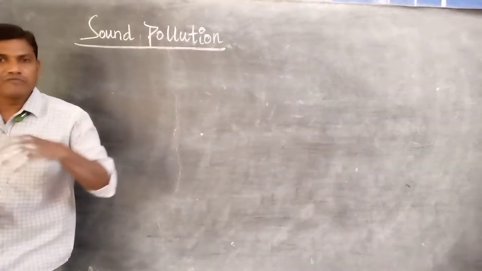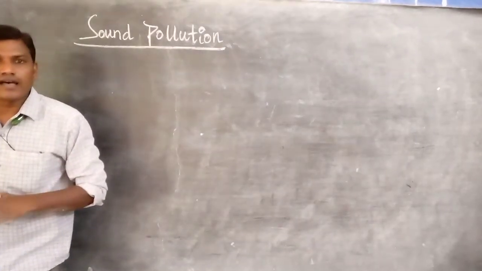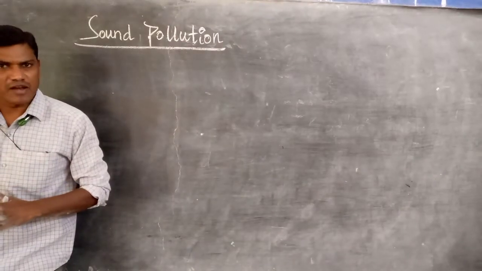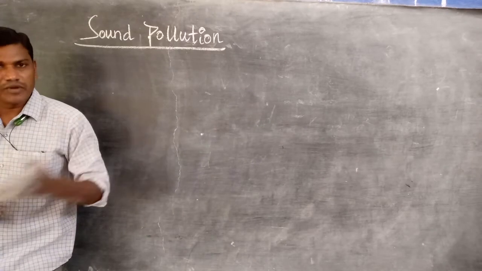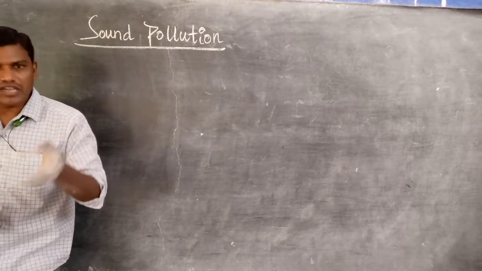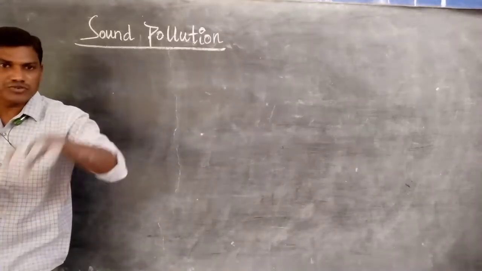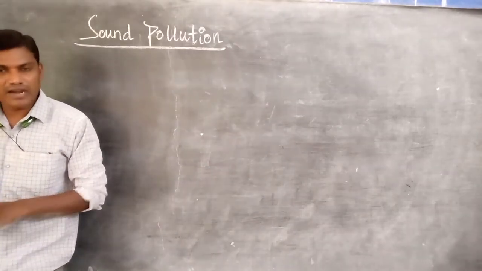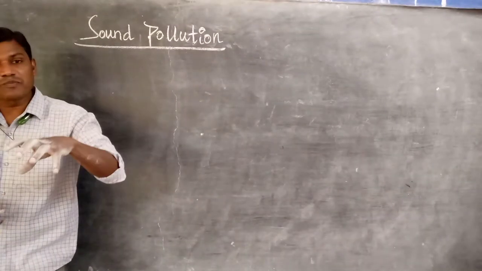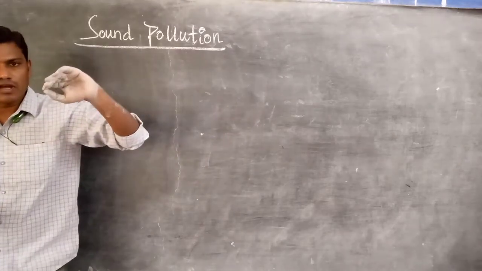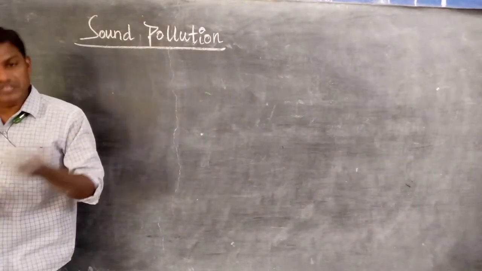We observe sound pollution near railway stations, near factories, during traffic, and at airports. Why? At an airport, during the takeoff or landing of an aeroplane, they produce a huge sound.